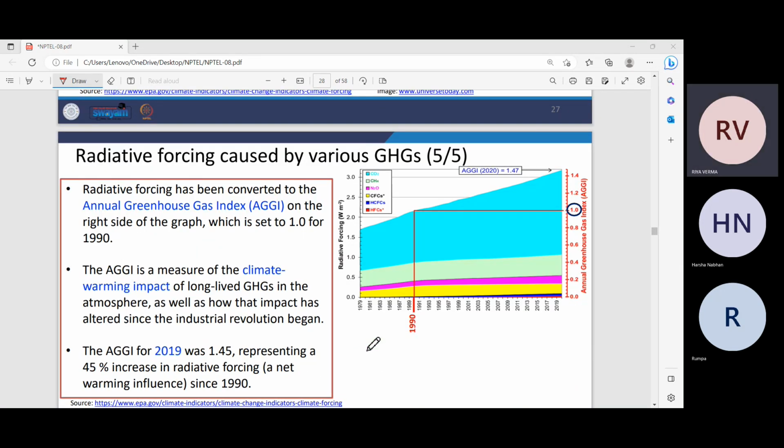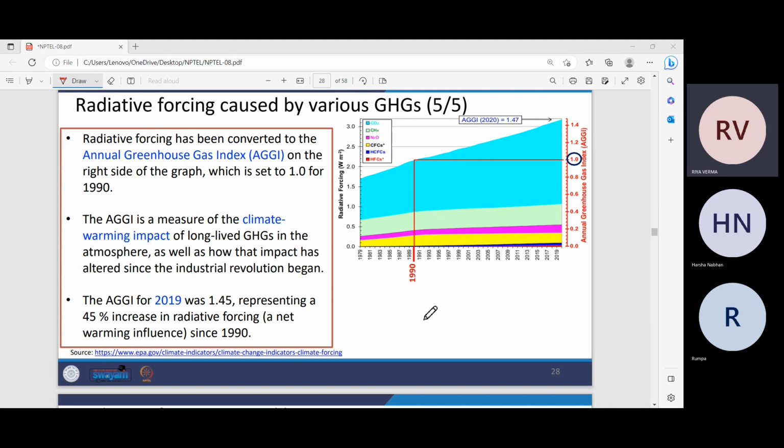Then this radiative forcing has been converted to the annual greenhouse gas index, AGGI. This is there for different gases like carbon dioxide, methane, nitrous oxide, CFCs, HCFCs, HFCs.